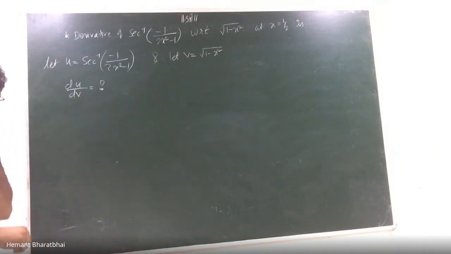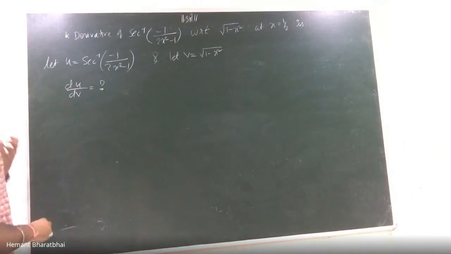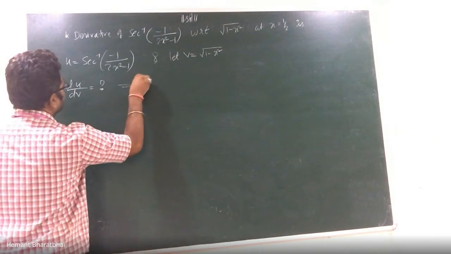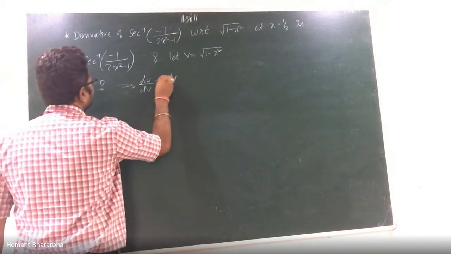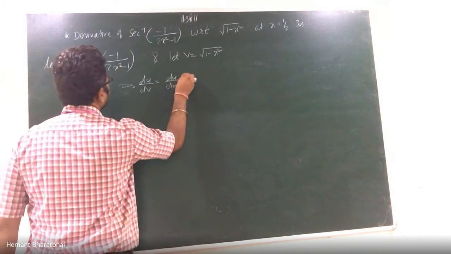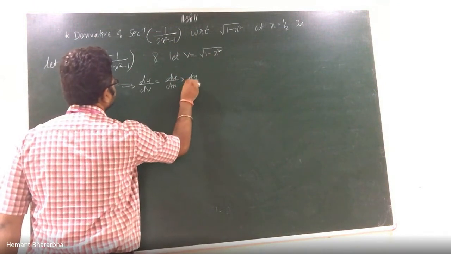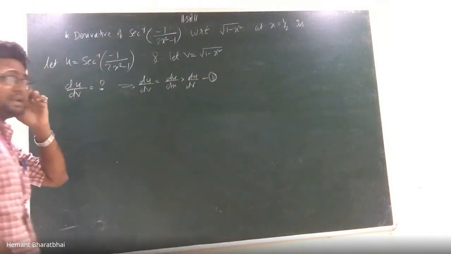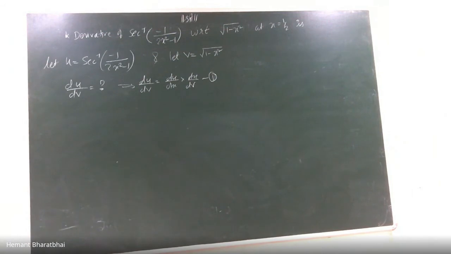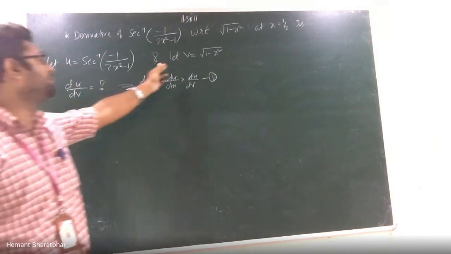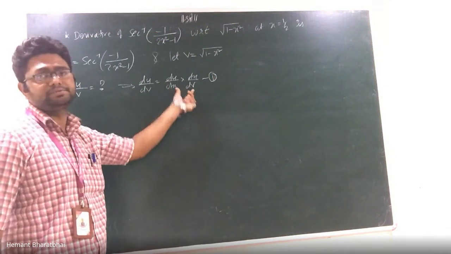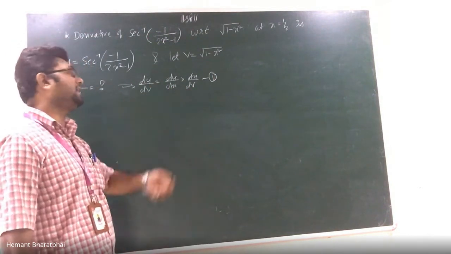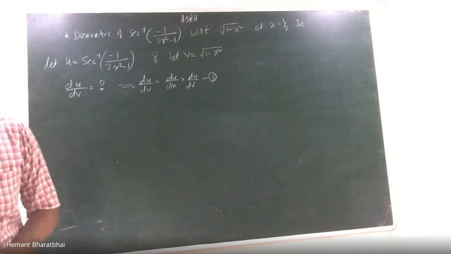This is what you have to find out. So if you remember, I have taught you already. This du by dv can be written as du by dx into dx by dv. So I can find out derivative of u with respect to x. Similarly, I can find out derivative of v with respect to x, and I can substitute over here, and hence I can get the value of du by dv.